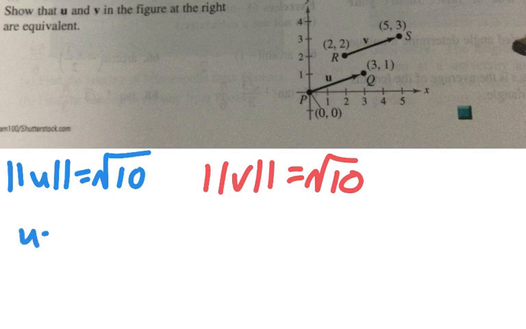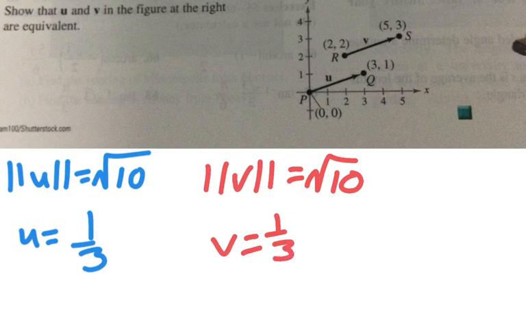The slope of u is 1/3, and the slope of v is 1/3. Don't need to go over any part of that. Slope of u. Magnitude of u. Of u or v? Both?